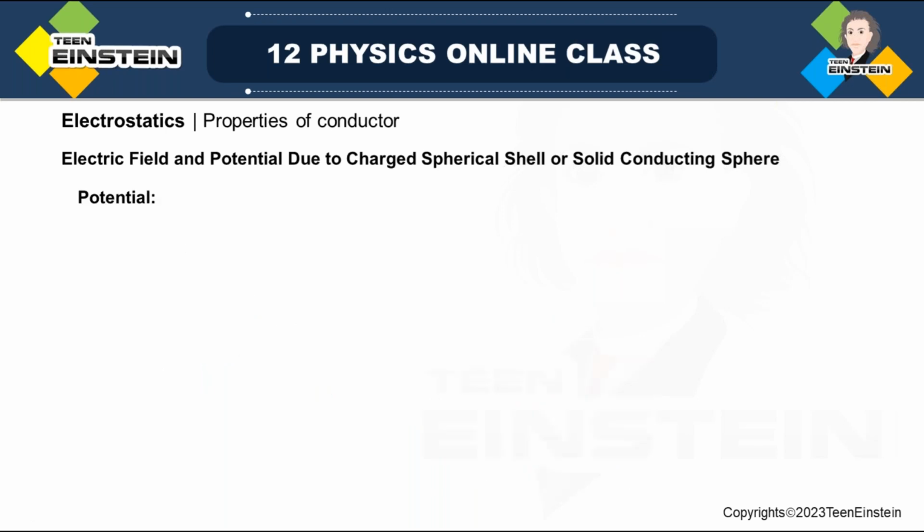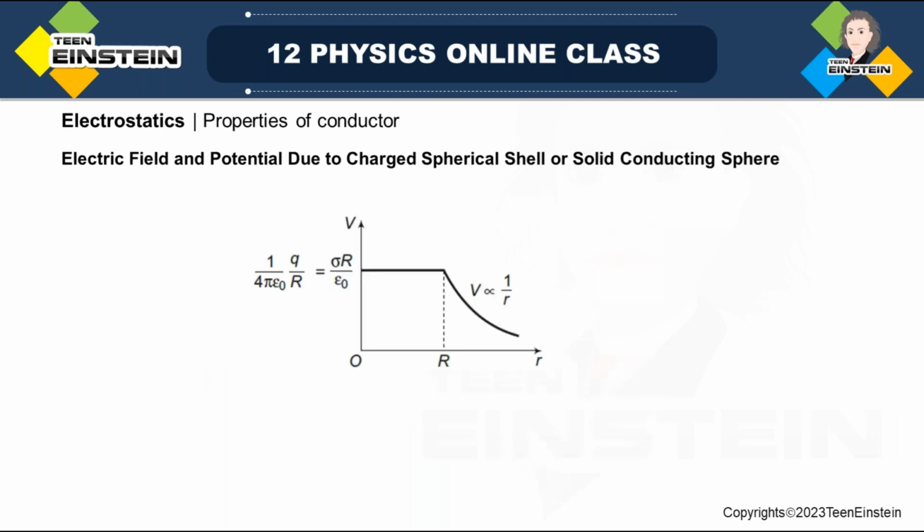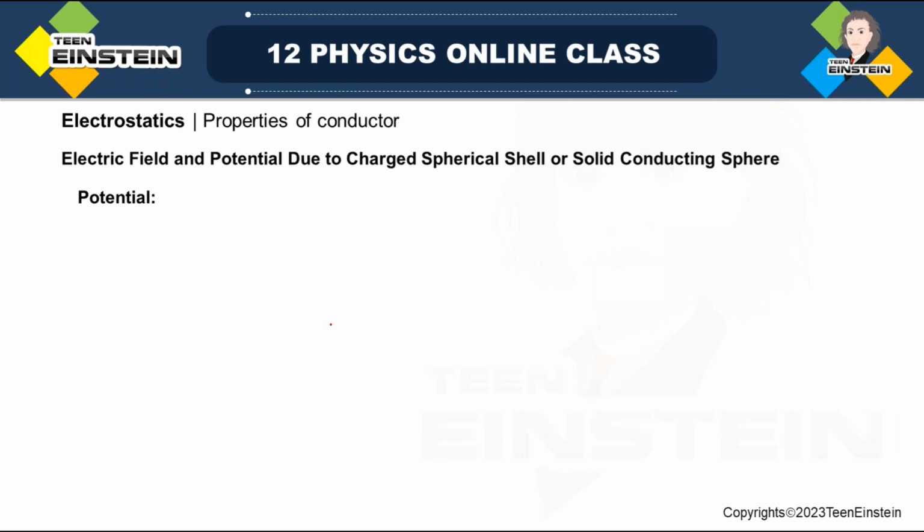Now we'll move on to the potential part. In this case, the potential part is very easy. We have already found out the potential is Q by 4 pi epsilon naught r for any arbitrary point outside.